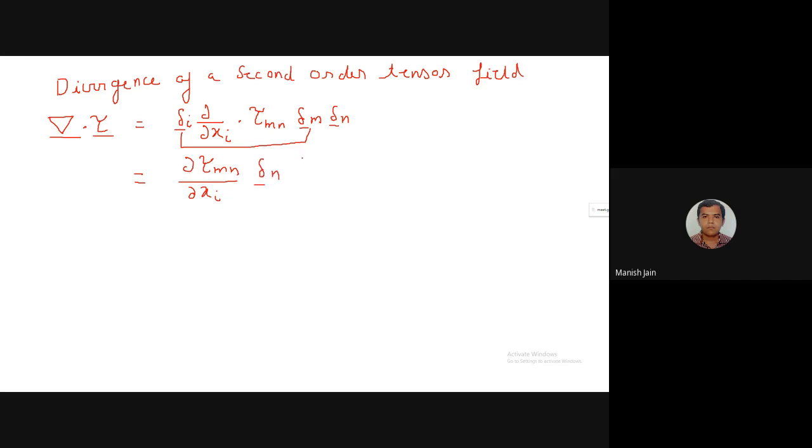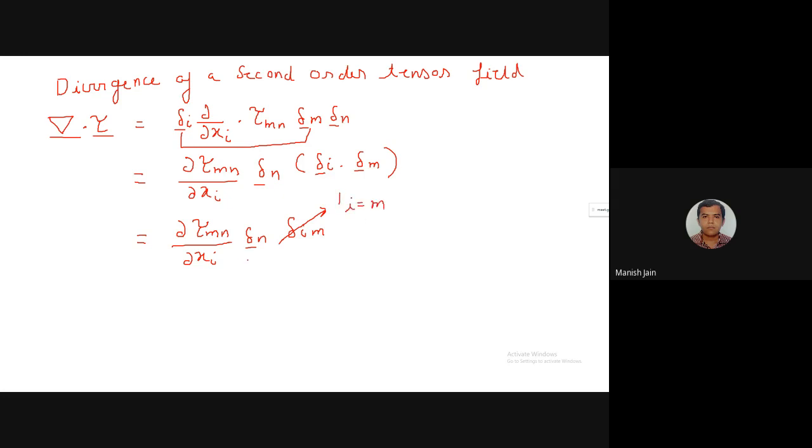So you have del i dot del m. When you take the dot product, it becomes the Kronecker delta im, which is equal to 1 when i equals m.